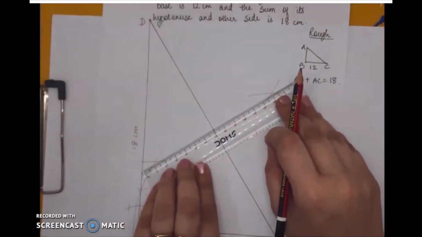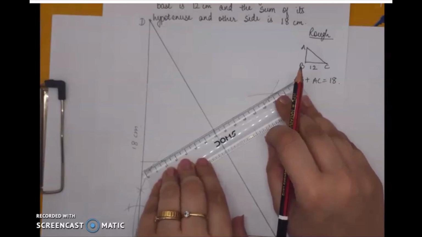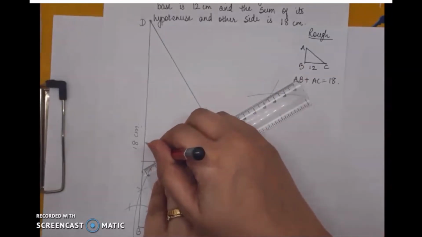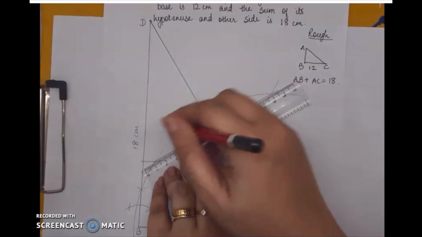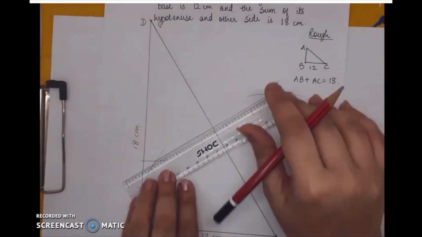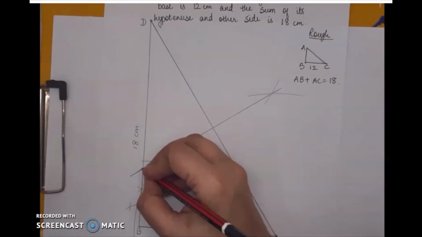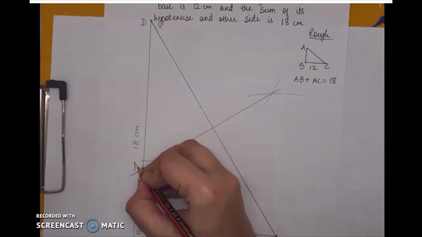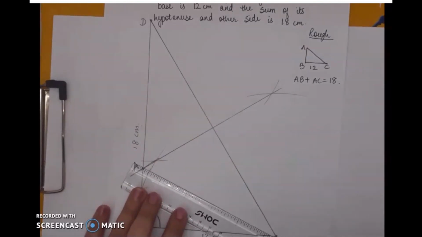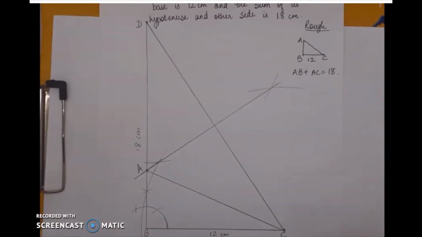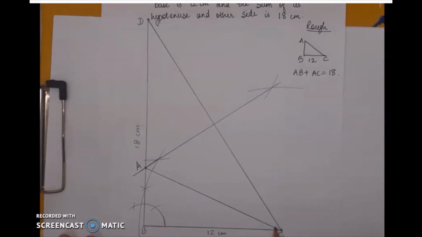So this is the perpendicular bisector of DC. Now this perpendicular bisector will be extended. So this point of intersection of BD and the perpendicular bisector, that will be marked as A. Then you will join AC. So ABC is the required triangle.